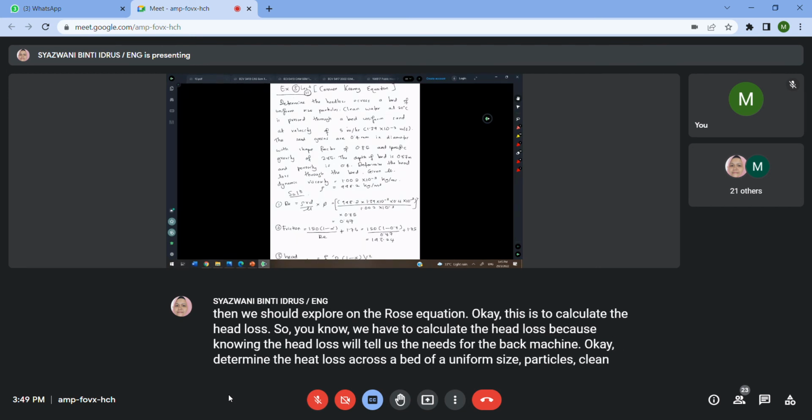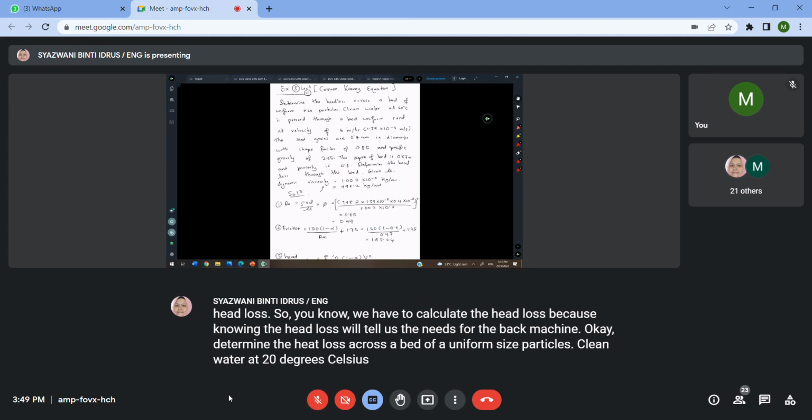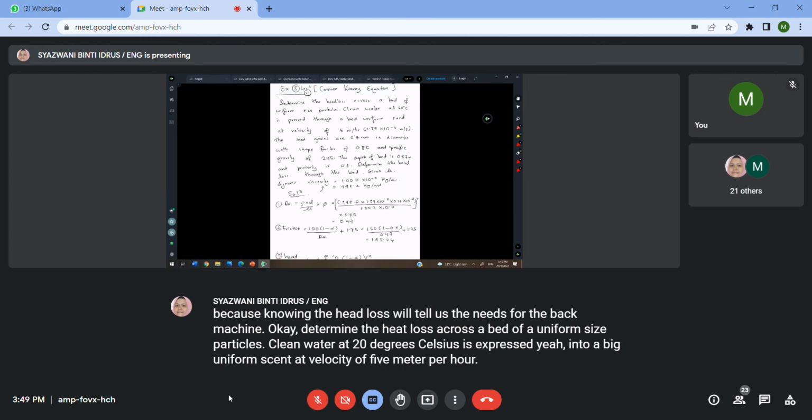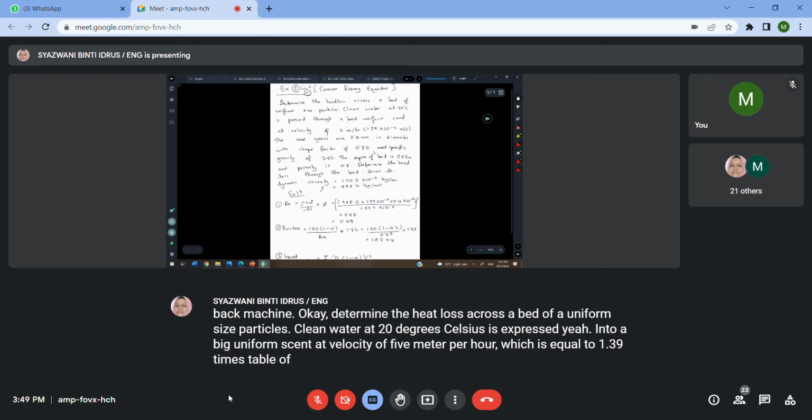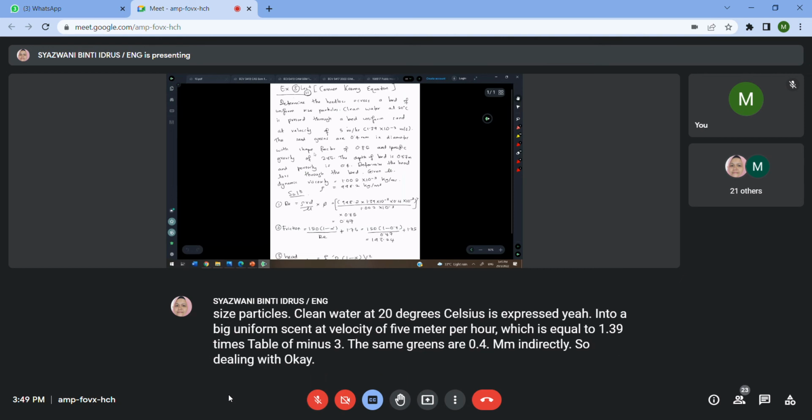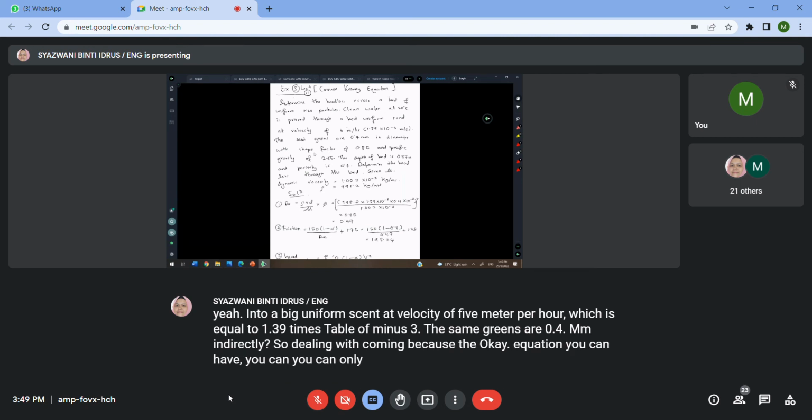Clean water at 20 degrees Celsius is pressed into a bed of uniform sand at a velocity of 5 meters per hour, which is equal to 1.39 times 10 to the power of minus 3 meters per second. The sand grains are 0.4 mm in diameter. Dealing with the Carman-Kozeny equation, you can only have one size of media.